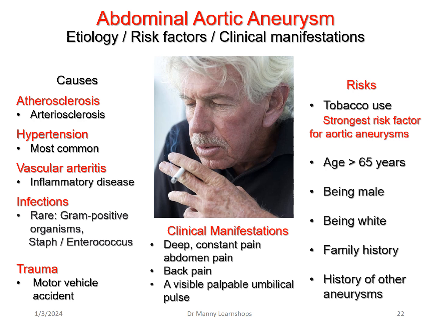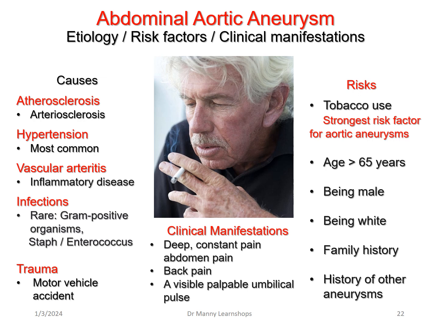Inflammatory diseases, sometimes infections, absolutely trauma, which can be any motor vehicle accident. Risks associated with developing are going to be cigarette smoking. And probably it's the strongest risk factor for the creation of aortic aneurysms.